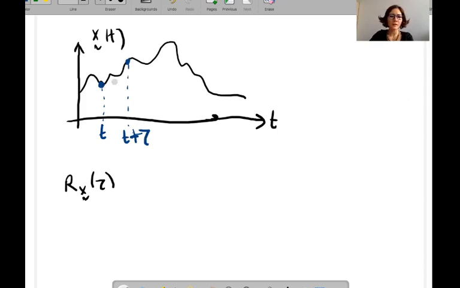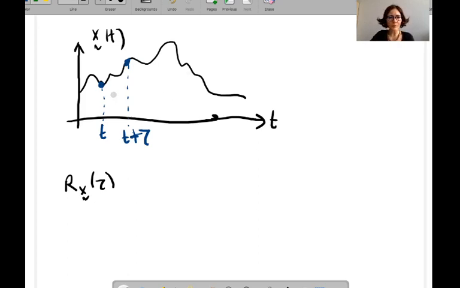I take this blue value and this corresponding blue value, I multiply them, and then I have one data point towards the estimation of the autocorrelation function. But only one pair is not sufficient. I have to make sure that I get this as correctly as possible. So what can I do? I only have a single realization of my random process.